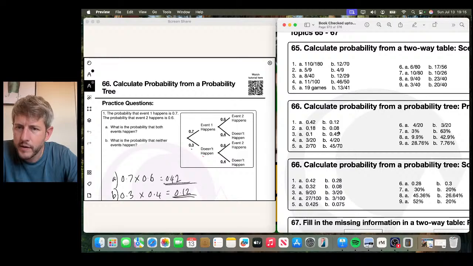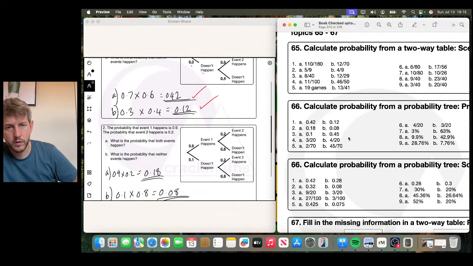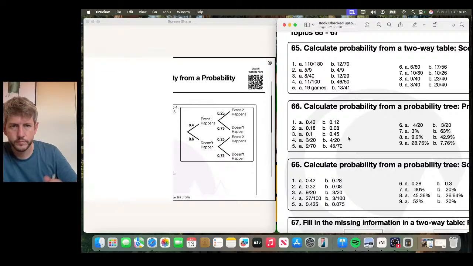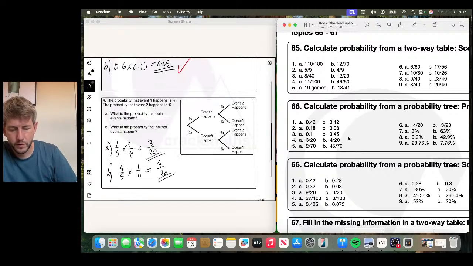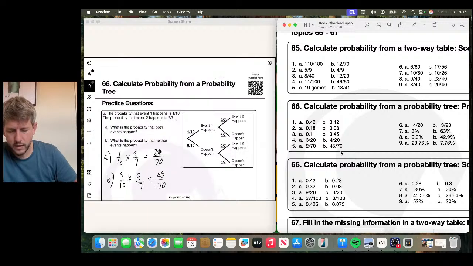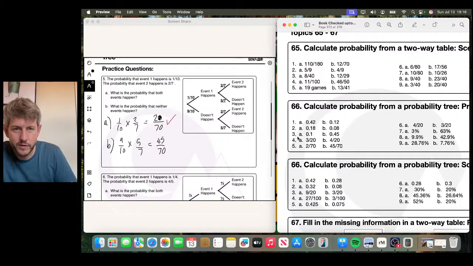So we've got 0.42, 0.12, 0.18, 0.08, 0.1, 0.45, 3/20, 4/20, 2/70, 45/70.